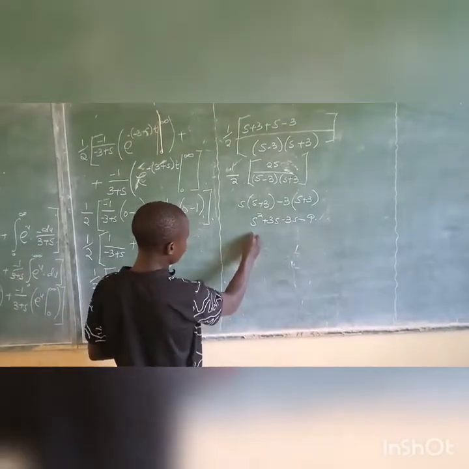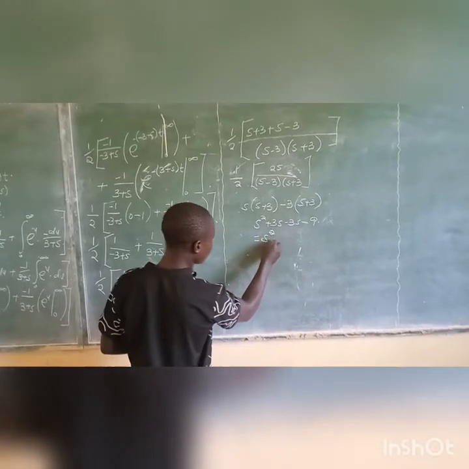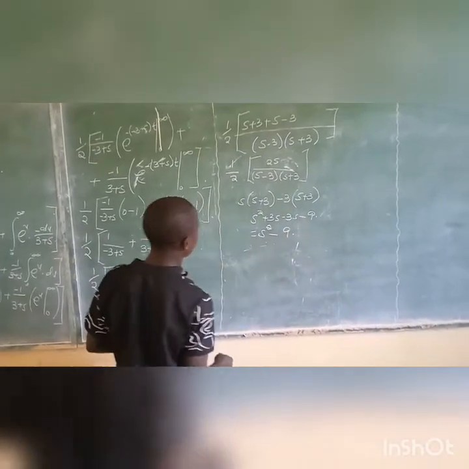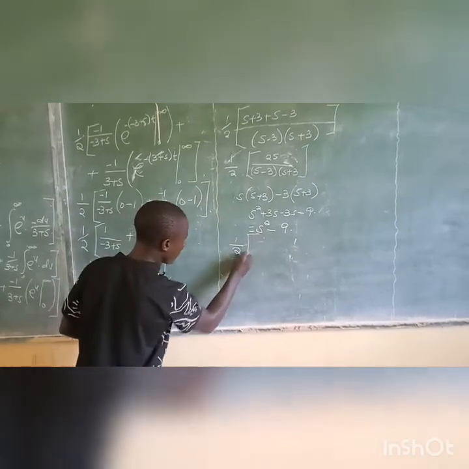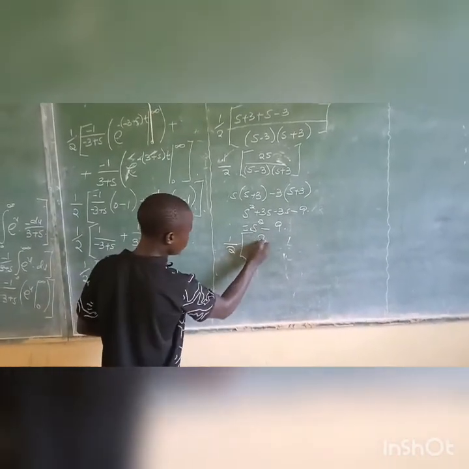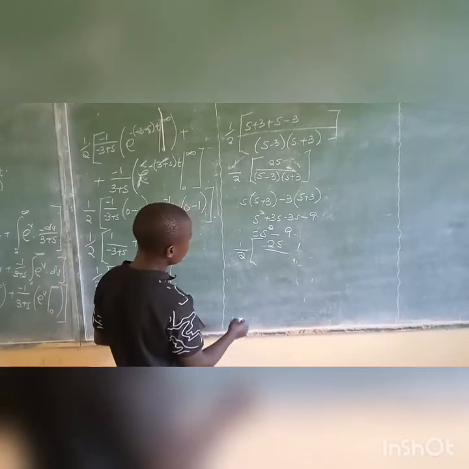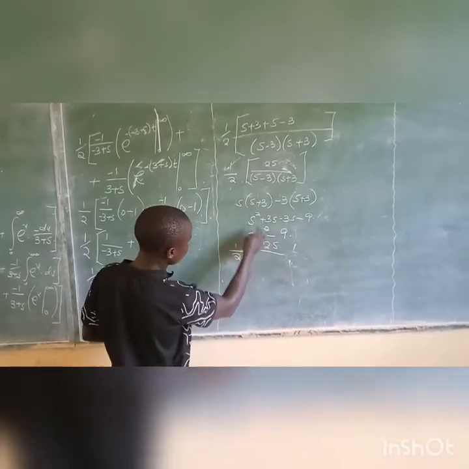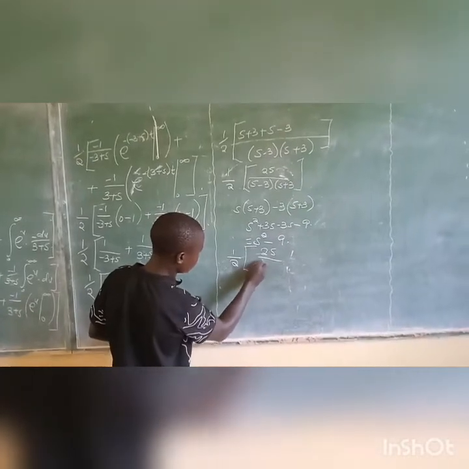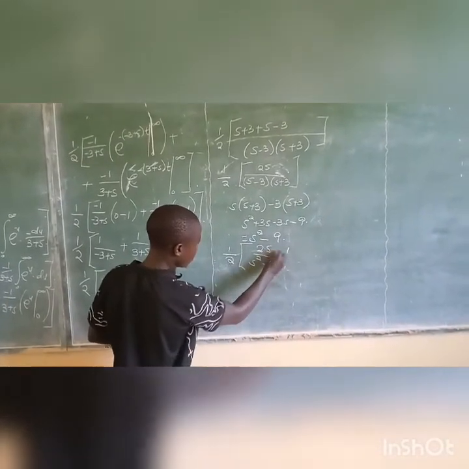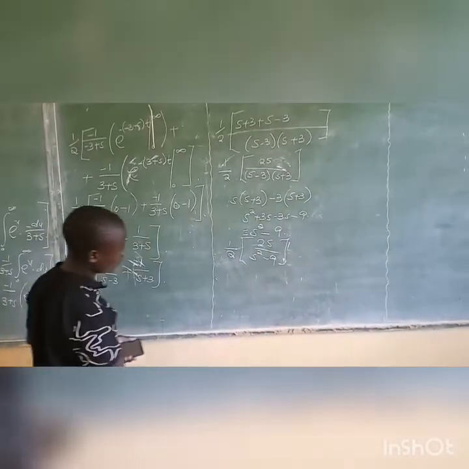So it is s squared minus 9. So it is 2s over s squared minus 9.